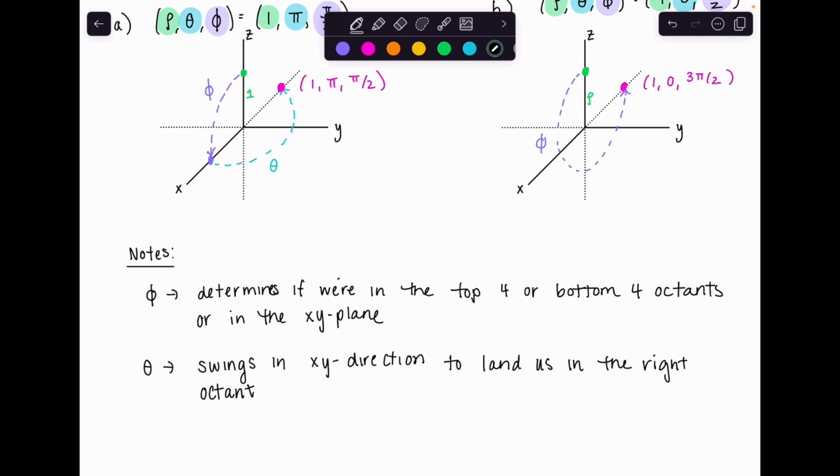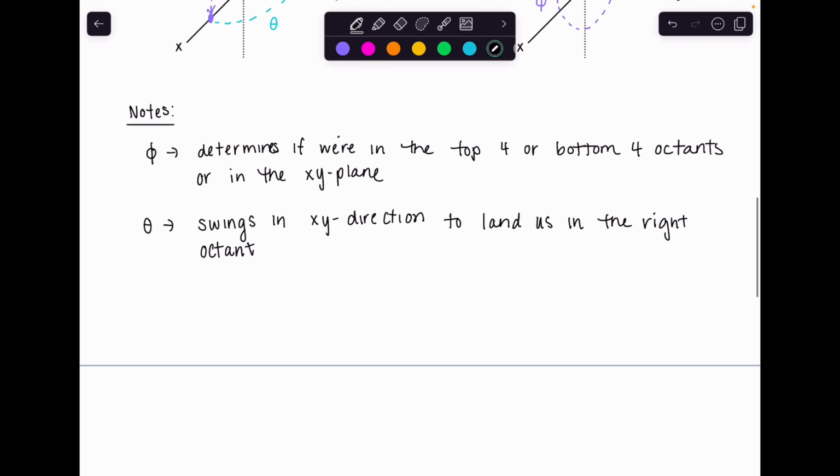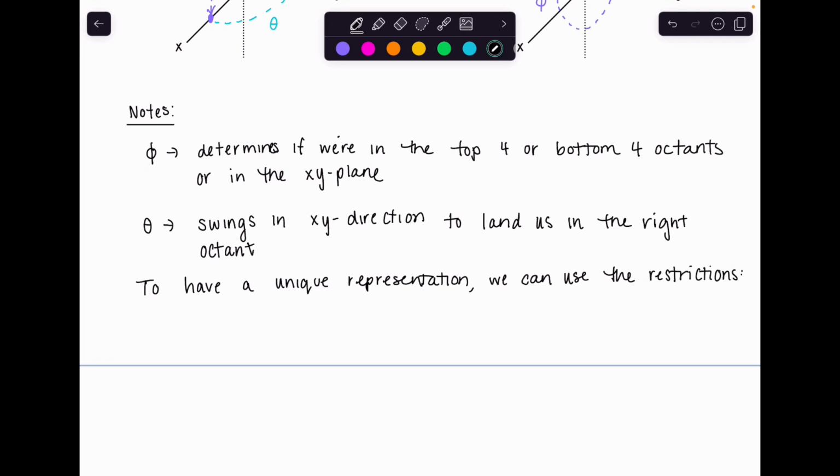Okay. Now to guarantee we have a unique representation, we make the following restrictions. The first, we want that radius rho to be greater than or equal to 0, just like we wanted r. We don't want to deal with shooting through the pole.